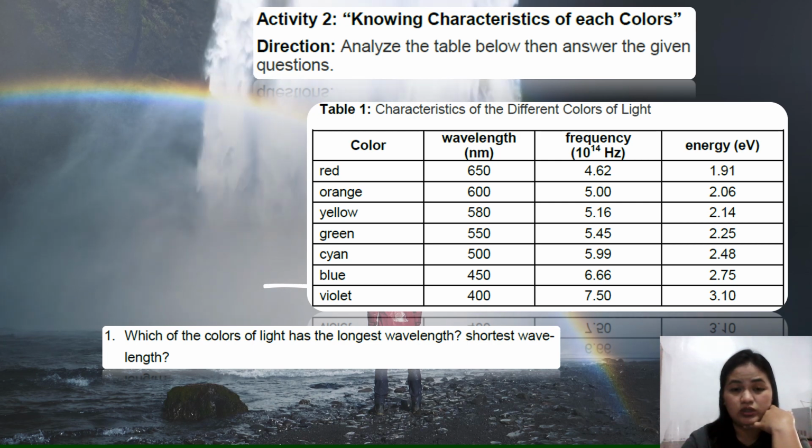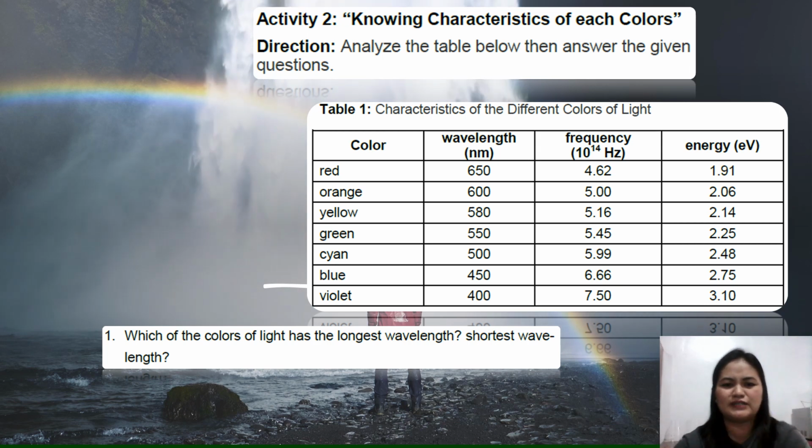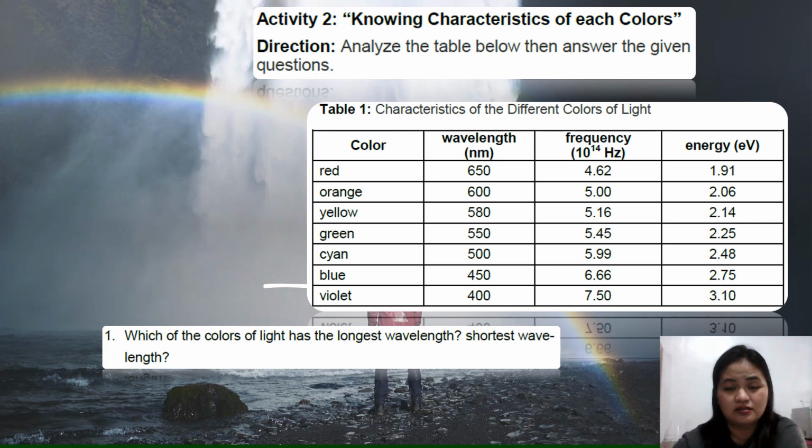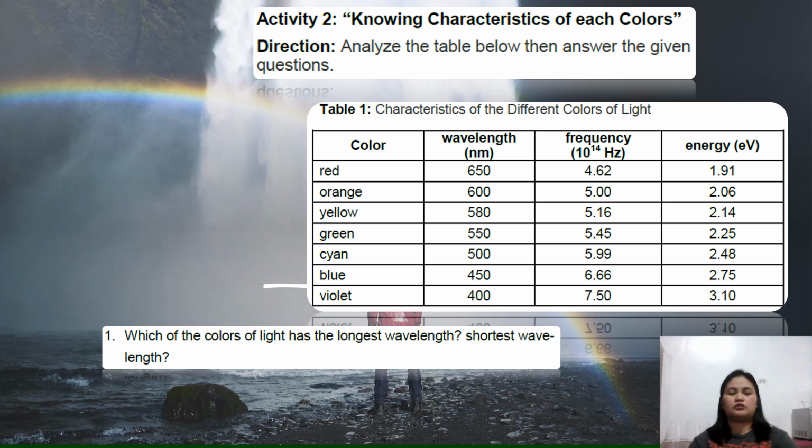O, yung red to violet, it is arranged from longest to shortest. O, which has the longest wavelength? Red or violet? Pili ka na dyan. Shortest wavelength, red or violet? Comparing 650 nanometer to 400 nanometer. Dapat gets mo yun na pag hindi mo na korekto, medyo sisimangot yung teacher mo.